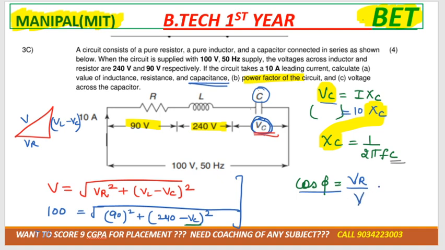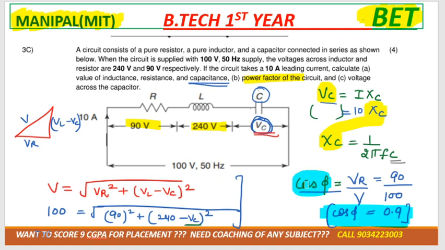VR by V. VR we already know 90 volt. Total voltage also we know, that would be 0.9, right? And power factor is unitless. Cos phi is power factor.